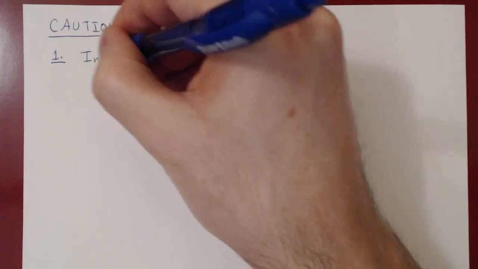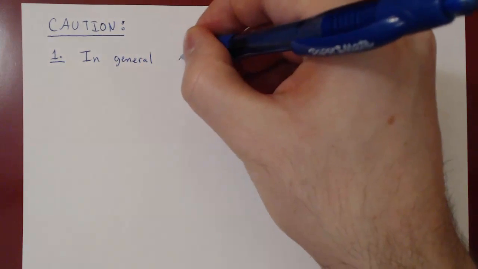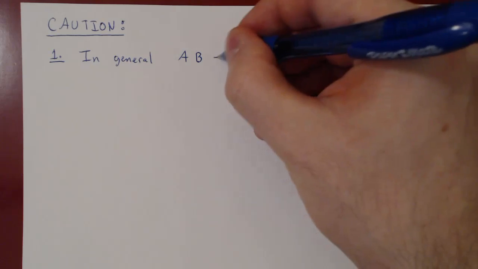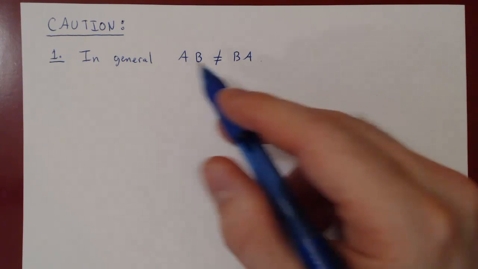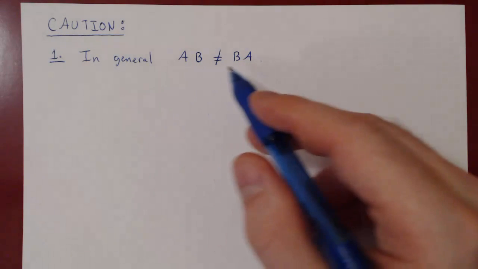So the first exception, in general, even though both AB and BA may be defined, they are not necessarily equal. This property is true of real numbers. A times B equals B times A. No longer true in general of matrices.